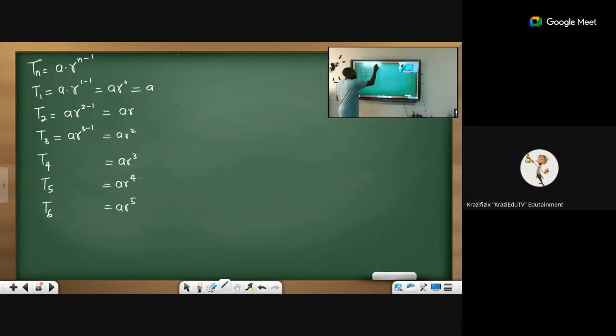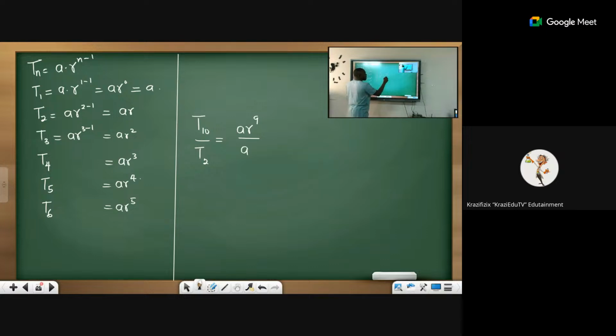Now, my dear learners, what do you think T10 over T2 would be? Multiple ratio. I am now giving you the 10th and the 2nd. What is T10? AR to the power 9. What is T2? AR. Do you notice the A would cancel? So what do we have? R to the power 9 over R to the power 1.